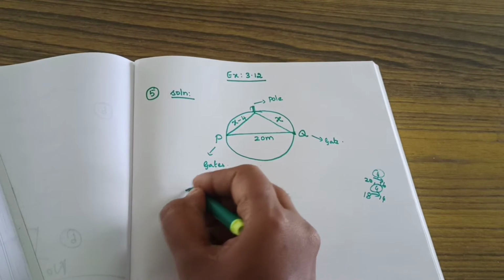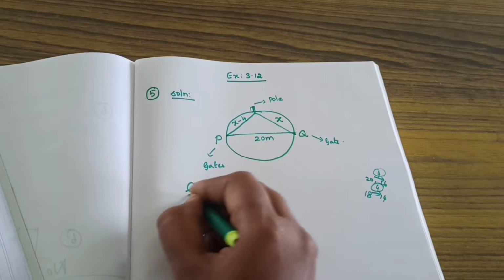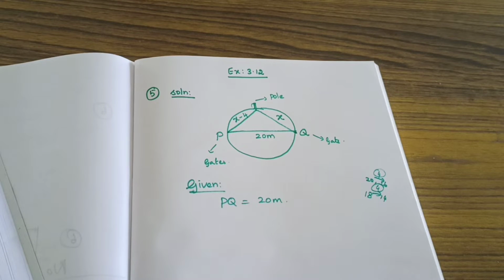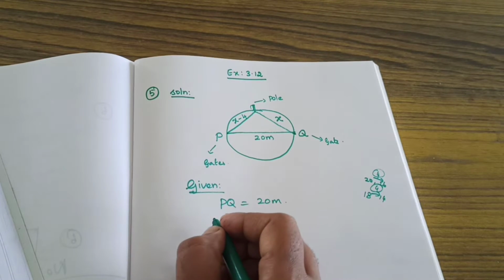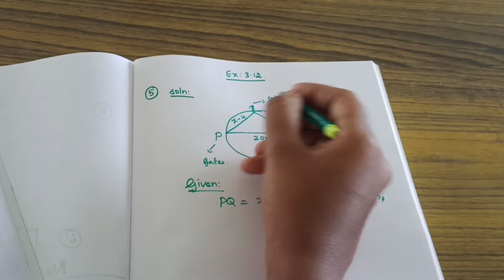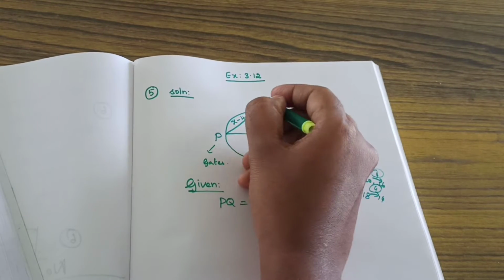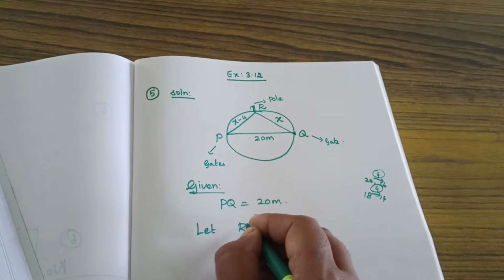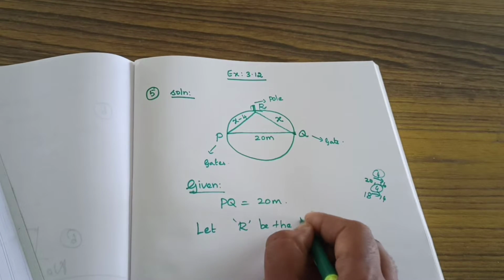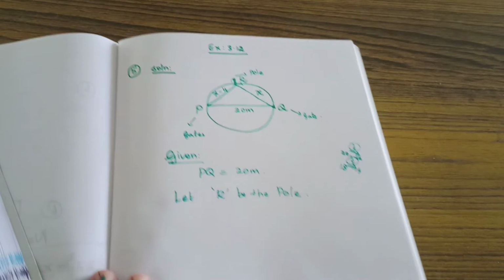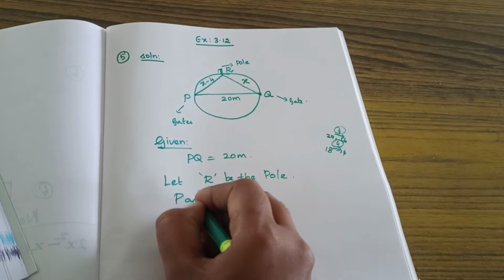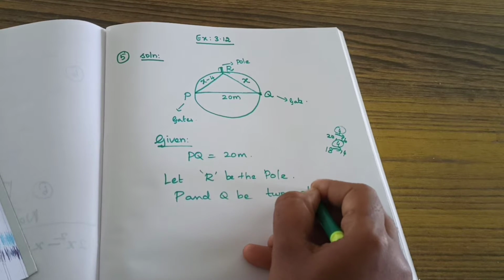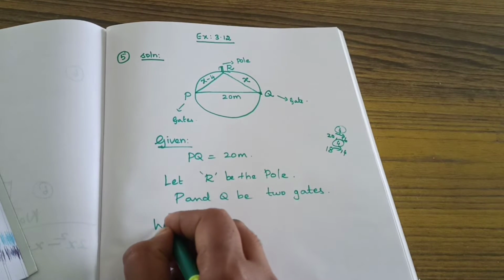Okay, so given PQ is equal to 20 meters. This is the diameter. We can select the pole as R. Let R be the position of the pole, and P and Q be the two gates.